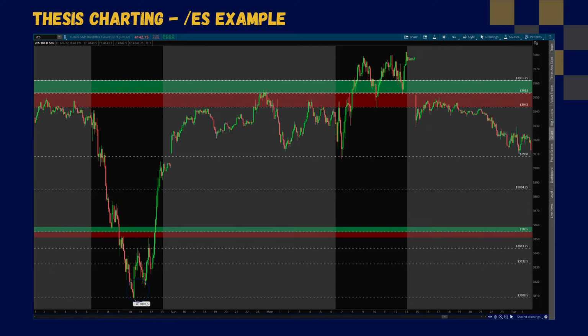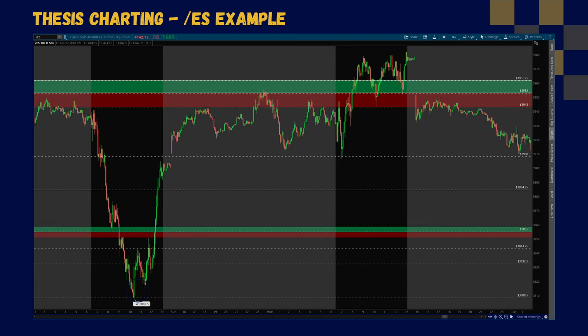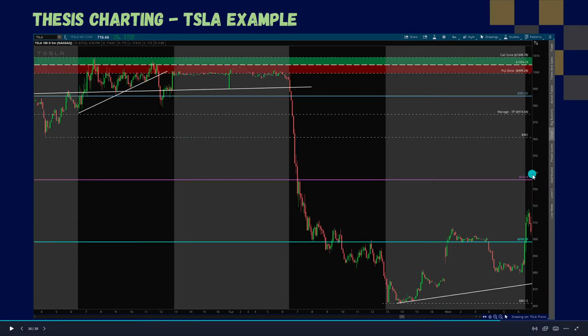I was able to use a technique that I will go over in this class on how to have this level right here at 3807 and a half, which was the low of day, and if you look at the chart, is still the low of year right now. So how was I able to be off by only a point? That is what I plan to teach you guys.